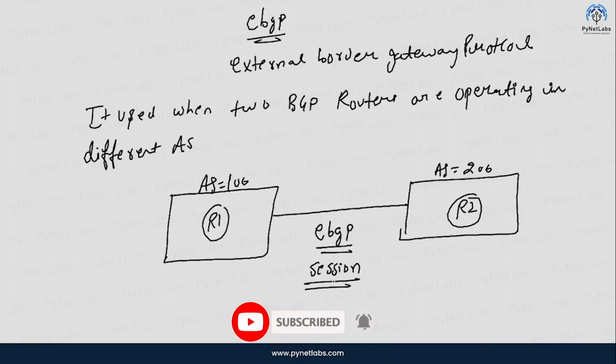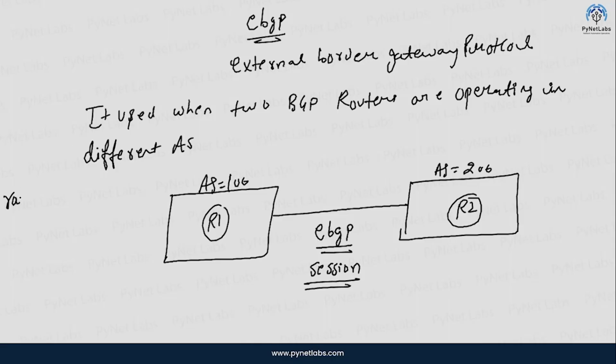So BGP has two kinds, eBGP and iBGP. If you are connecting your routers from a different AS number, then you need an eBGP session. And how are you going to configure it? On R1, the commands are pretty simple.